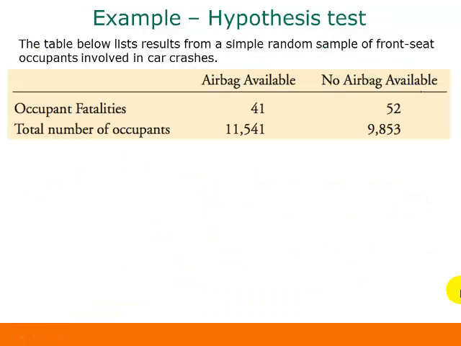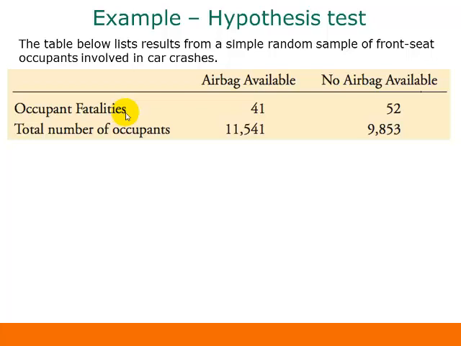Okay, now let's go through a whole example of doing a whole hypothesis test. So we've got some sample data here. This is a simple random sample of front seat occupants involved in car crashes. So the car either had an airbag available or didn't.